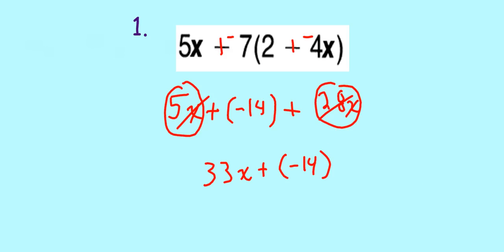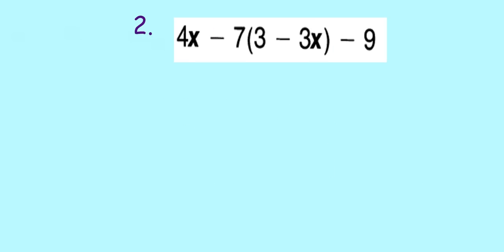Let's take a look at number 2. Go ahead and copy down number 2. We're going to go and change all the subtraction signs to adding its opposite. So it's going to be plus negative 7 plus negative 3x. And then plus negative 9. Bring down the 4x. We're not going to do the addition till the very end.